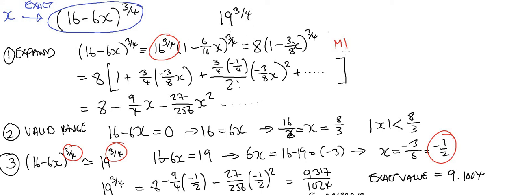If I substitute a value into my expansion, that gives me an estimate, because my expansion is not going to be the exact value. What we're doing is we're using a value of x to try and get as close as we can. I'll post another video where it's not something to the same power and you have to use a perfect square to find the value of x.